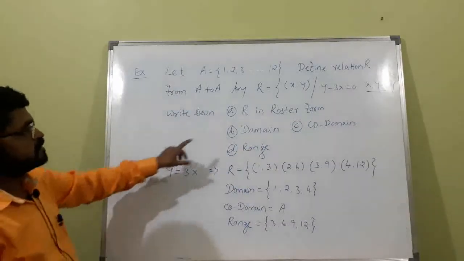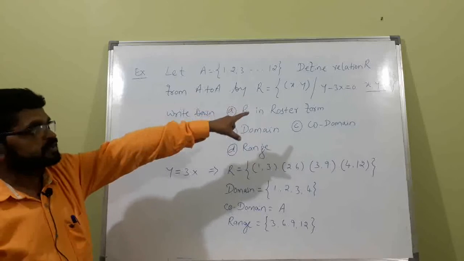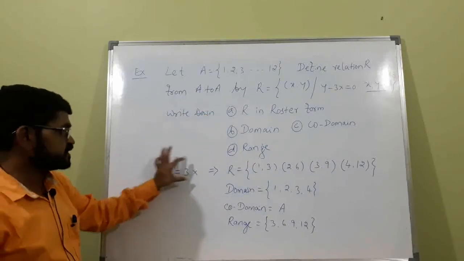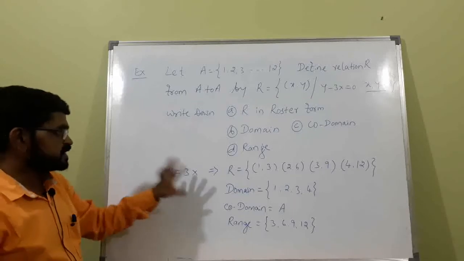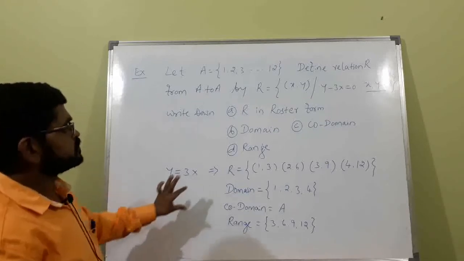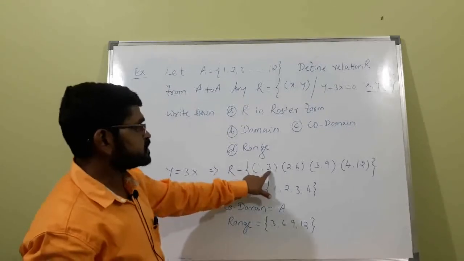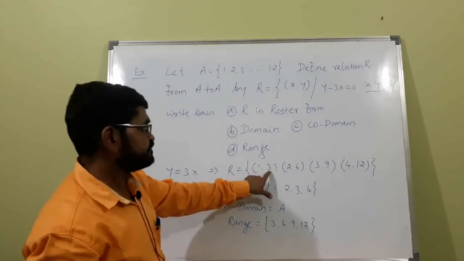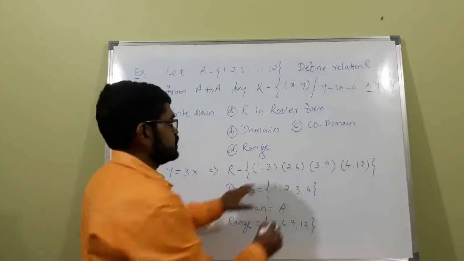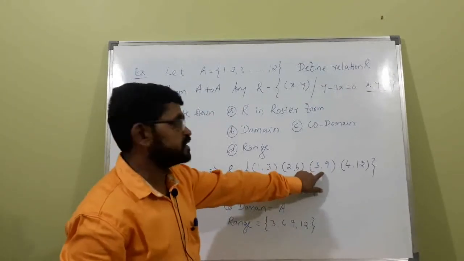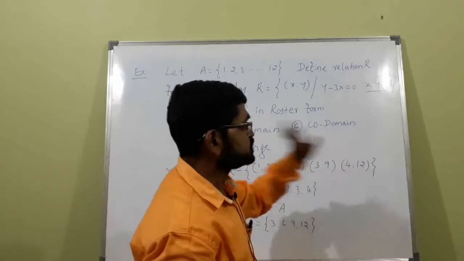You know this, y minus 3x is equal to 0 means y is equal to 3x. The relation between x and y is that y is 3 times x. So the relation will be: if x is equal to 1, y is equal to 3. If x is 2, y is 6. If x is 3, y is 9. If x is 4, y is 12.